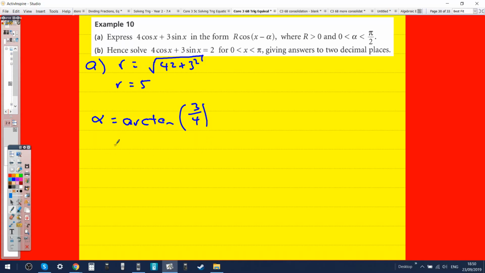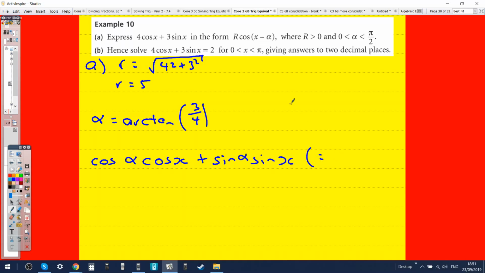But if it were written as 3 sine x plus 4 cos x and then find it in the form r cos x minus a, how would you determine which one would go above the other? Isn't the formula cos alpha cos x plus sine alpha sine x?